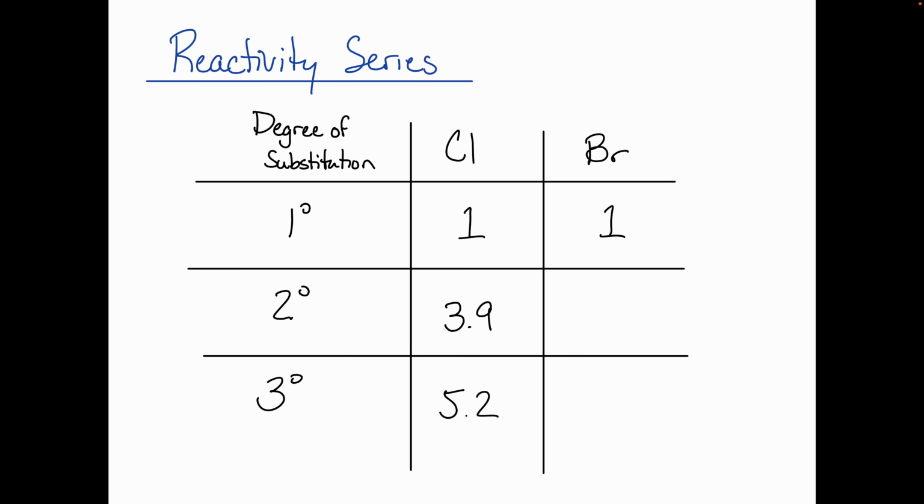All right. With regard to bromine, bromine quite a bit more dramatically prefers higher degrees of substitution. It turns out that a secondary carbon is 82 times more reactive than a primary carbon, and a tertiary carbon is a whopping 1,640 times more reactive than a primary carbon.